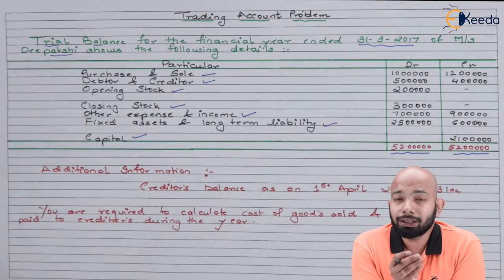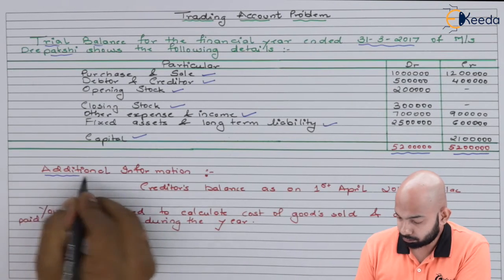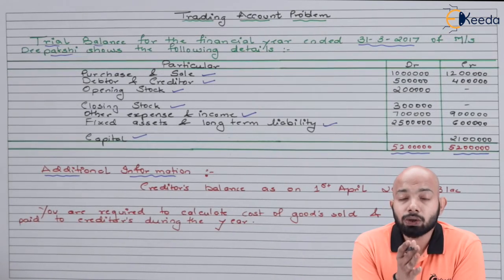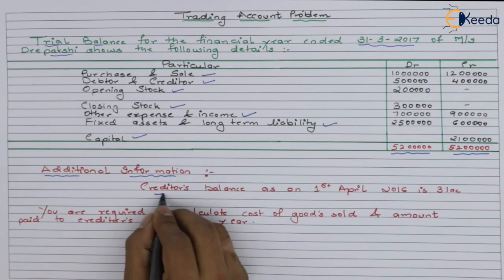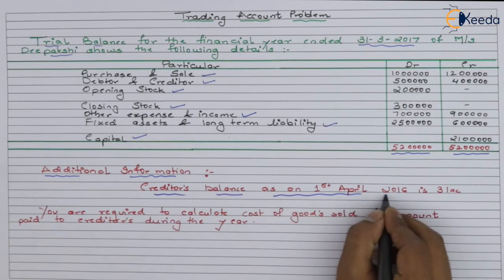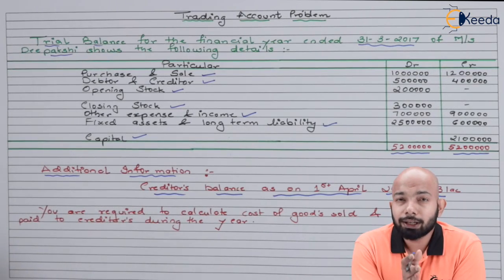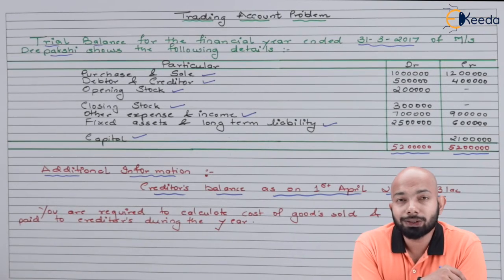They have also mentioned certain additional information in the question. Let's read it out. Creditors balance as on 1st April 2016 has been mentioned here, which is 3 lakh rupees. That means the credit balance mentioned earlier was for financial year 2017.